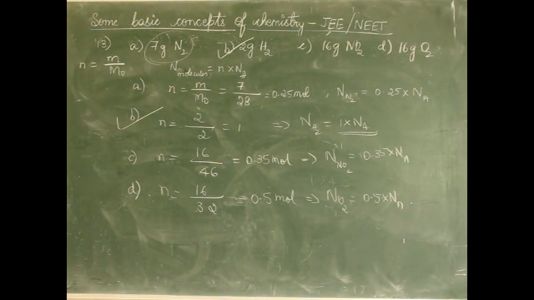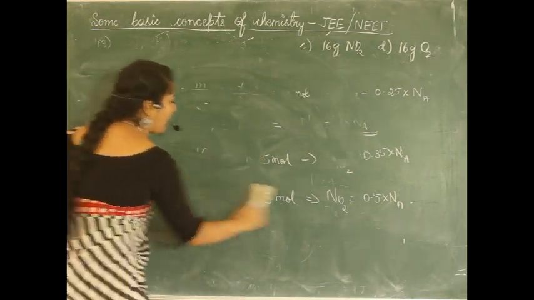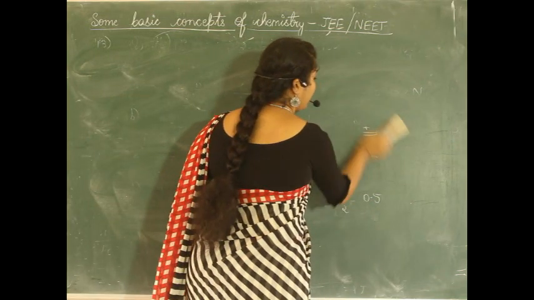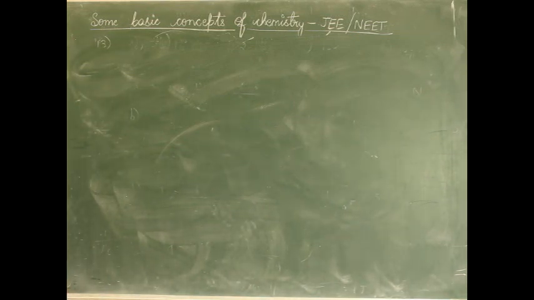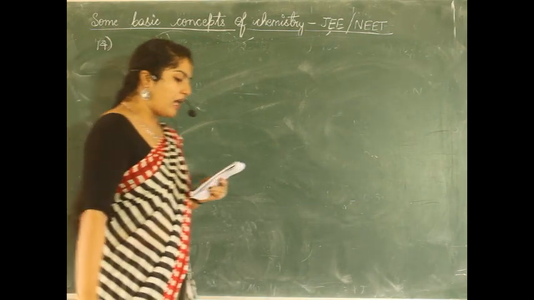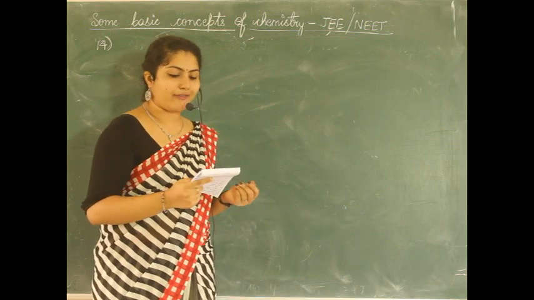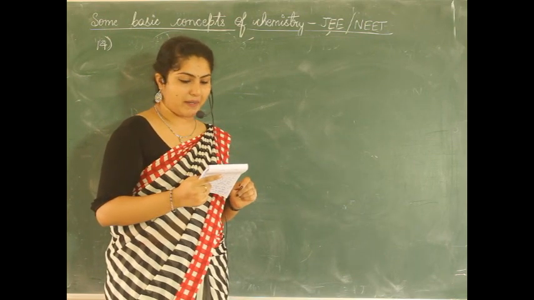Next question. This might be your favorite one, as you have solved many problems related to this in your first year concepts. Let us see what the question is. The percentage of carbon, hydrogen and nitrogen in an organic compound are 40%, 13.3% and 46.7% respectively.